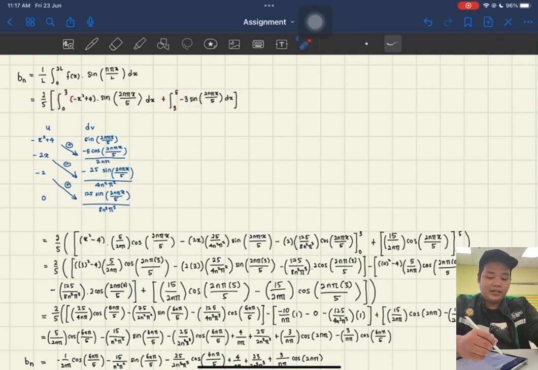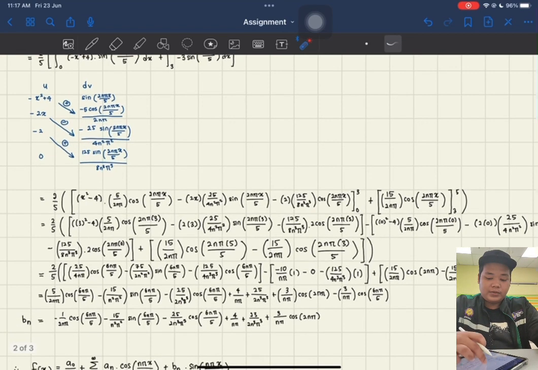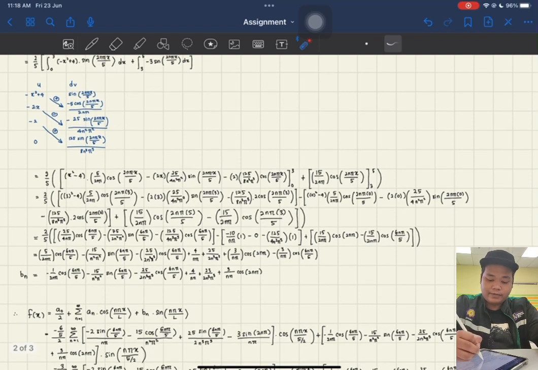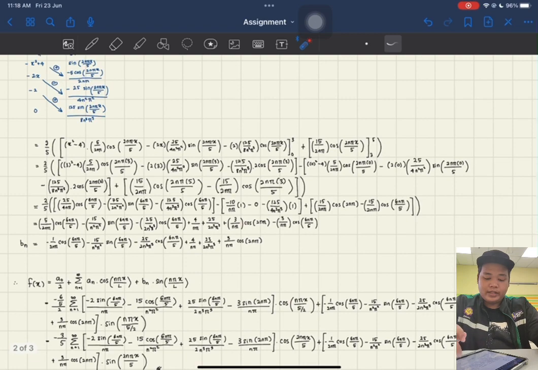For the first function, the integration needs the by parts method, because it's a product function. After we are done with the integration, we need to compute the limits, which for the first function is 3 minus 0, and for the second function 5 minus 3. And then we will get our final answer like this.